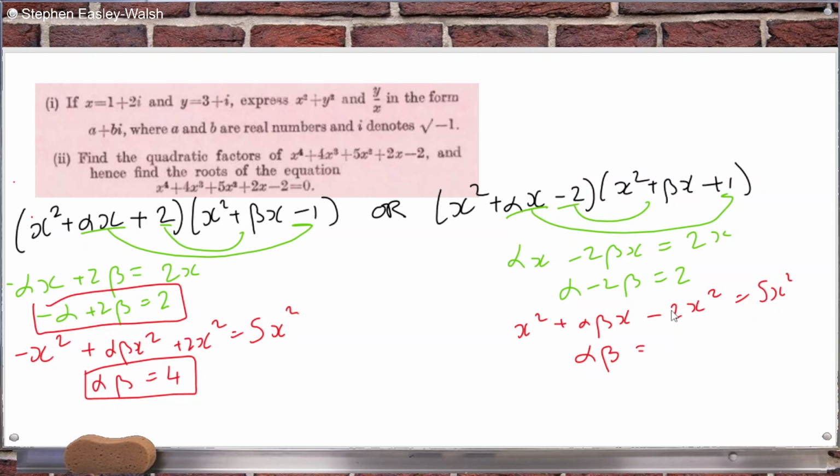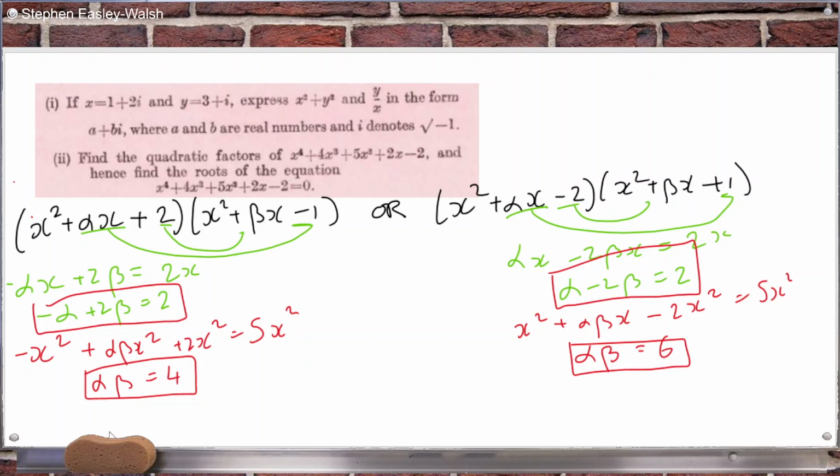Now 5 minus 1 is 4, 4 plus 2 is 6. I think that's right. I'll double check it now. X squared times 1, x squared, alpha x times beta x, alpha beta x squared, and then minus 2 times x squared, minus 2x squared, minus x squared, 6. Yeah, okay. So there are my two equations there that time.